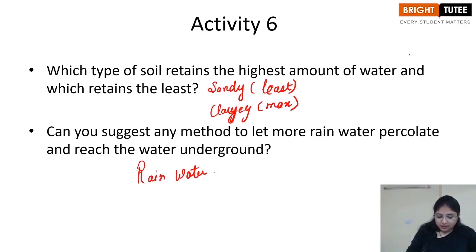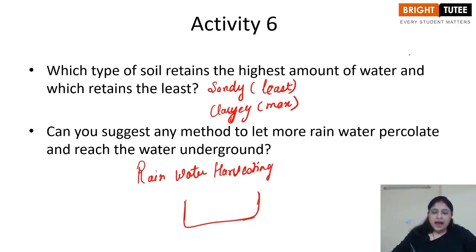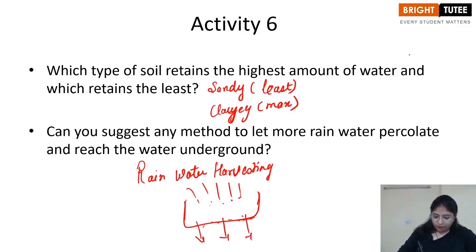Or watershed management, right? In this, what happens is that we have, let's say this is a pond or area which we have dug, and remember student, over here it is all soil, right? The water when it falls in this pit allows the percolation of your water.